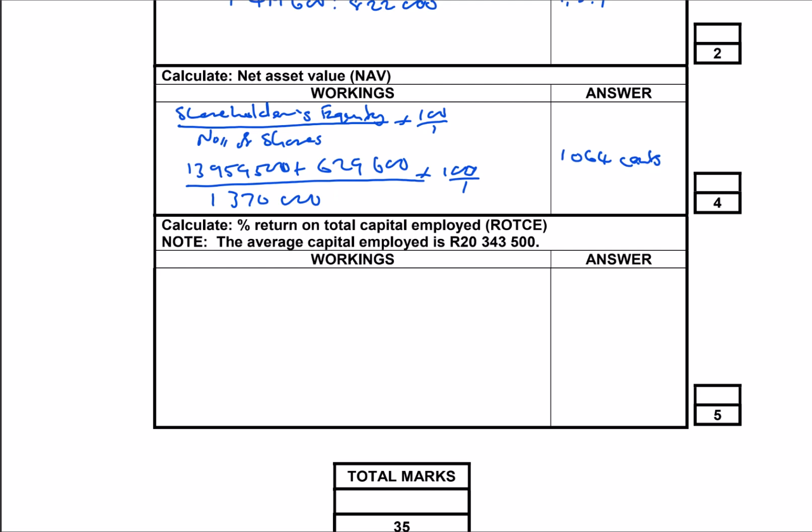Most of the times you use average capital employed, which is opening and closing, but in this question they gave us the average capital employed to be 20,343,500. So we need to find out what's the numerator.